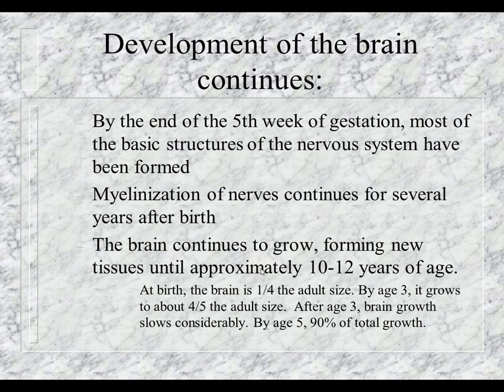By the end of the 5th week of gestation, most of your basic structures of the nervous system have been formed, and myelinization of nerves continues for several years after birth. The brain continues to grow, forming new tissues until approximately 10 to 12 years of age. And this is just a review of how the brain grows at different ages.